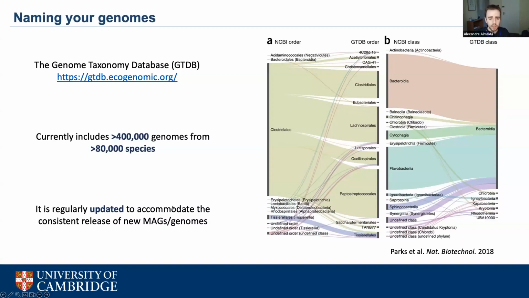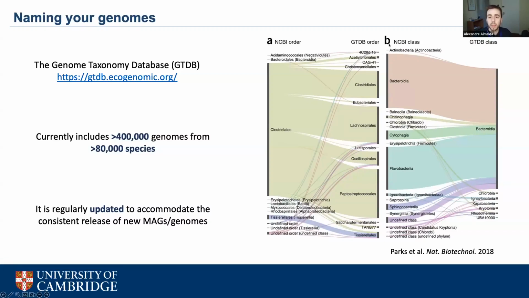And it is regularly updated to accommodate the constant release of new MAGs and genomes. This is one of the important things in the metagenomics world: since new data is constantly being released, using tools that keep up to date with new developments is extremely imperative.